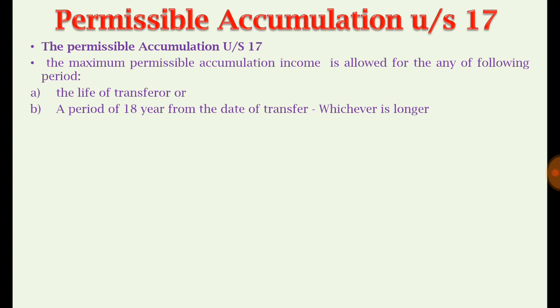So when the transferor makes the document according to which the property is transferred to the transferee, and if that document contains the direction to the transferee that the income of that property shall be accumulated and given to somebody, such directions will be valid only up to the longer period which is provided by section 17 and not beyond that.